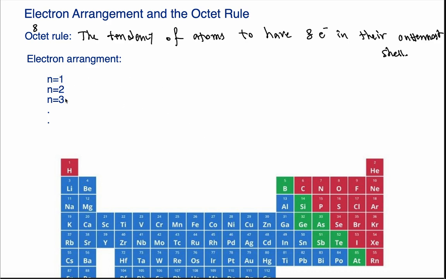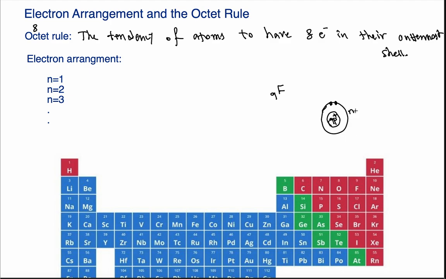Okay, so electron arrangement. What are these? N equals 1, N equals 2, and N equals 3. We are going to look at these through an example. Let's say we want to look at the electron arrangement for fluorine atom. So fluorine has atomic number of 9, and we write the atomic number down below here. So it has 9 protons, and in the neutral form it has 9 electrons as well.